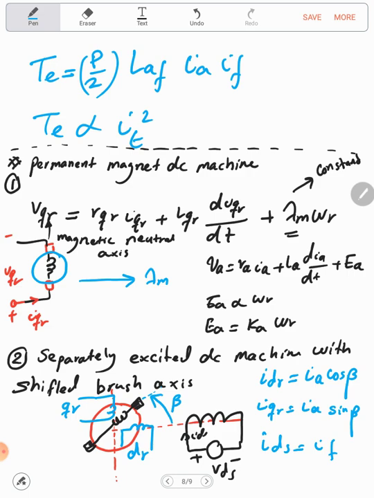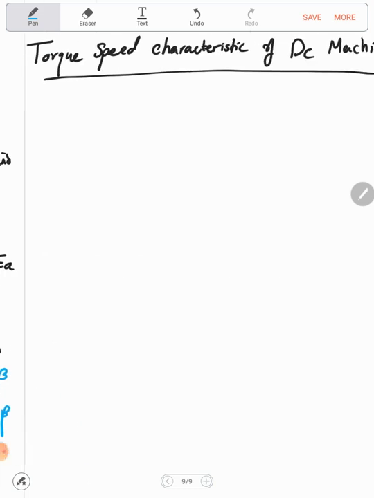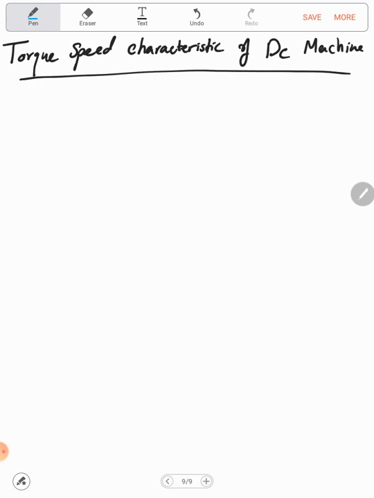So now let's continue with the torque speed characteristic for the DC machine.